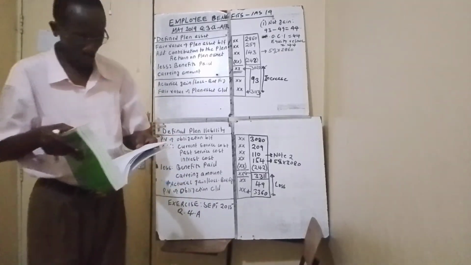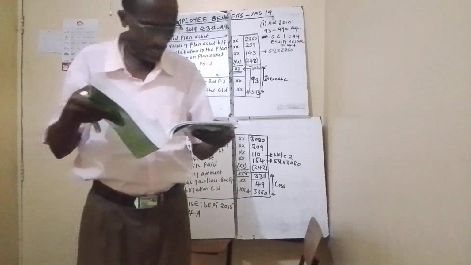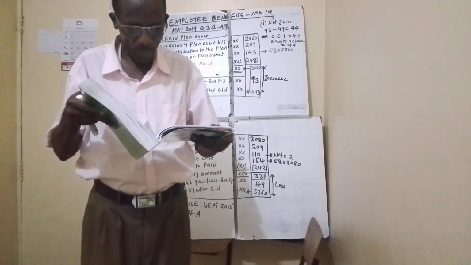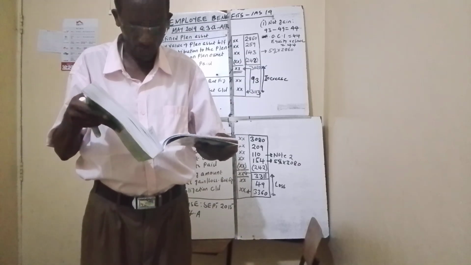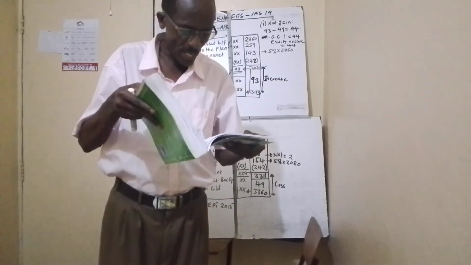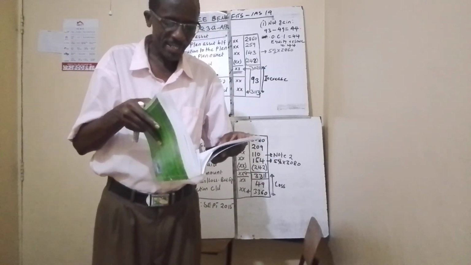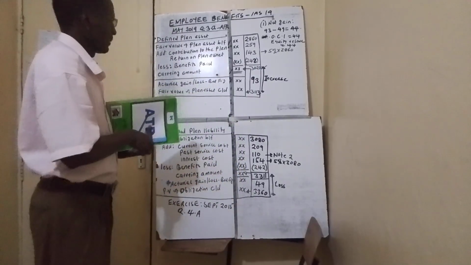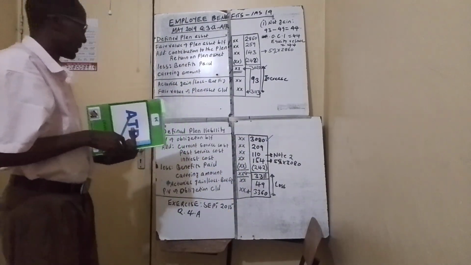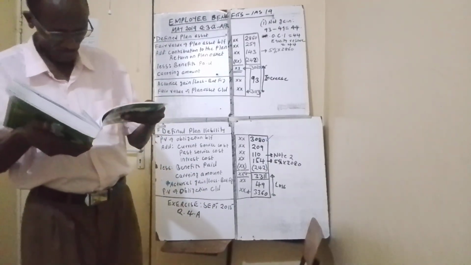Now, for example, in this question, we are told that W Limited, a public limited company, operates a defined benefit pension plan for its employees. The present value of the future benefit obligations as at 1st January was 38. You can see this figure here is given. That is what you are told.